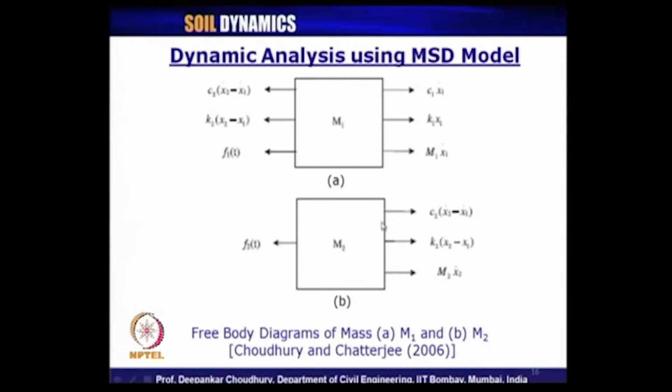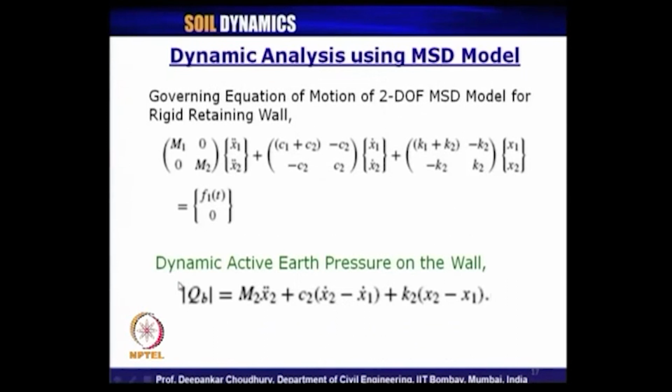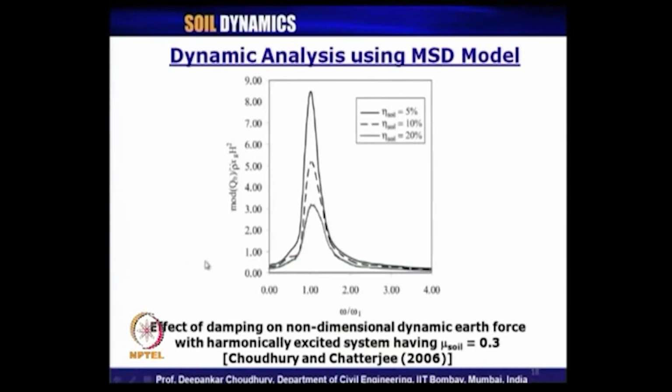That is the force acting on the wall in the horizontal direction, which is the dynamic earth pressure, right. So, that way we had estimated QB, and then the non-dimensional dynamic active earth pressure is plotted in this result with respect to different frequency ratio.